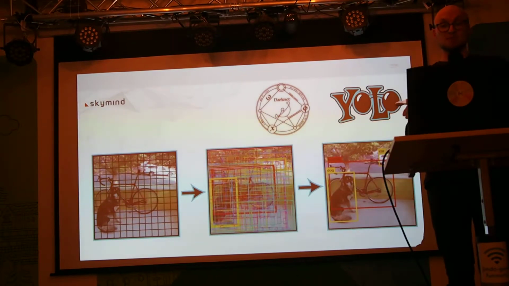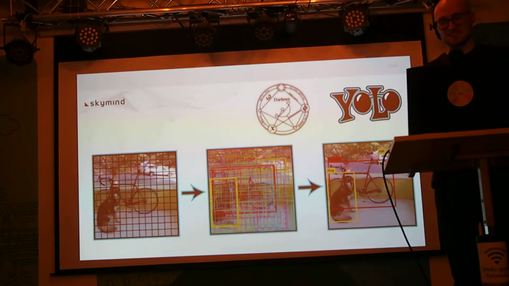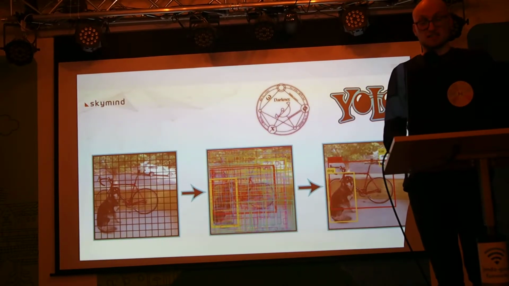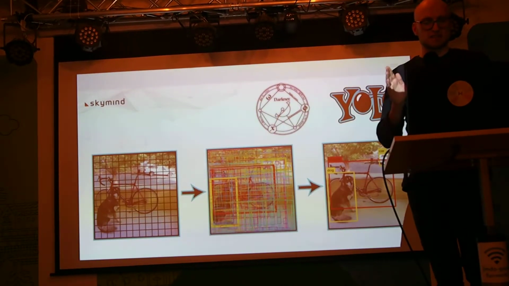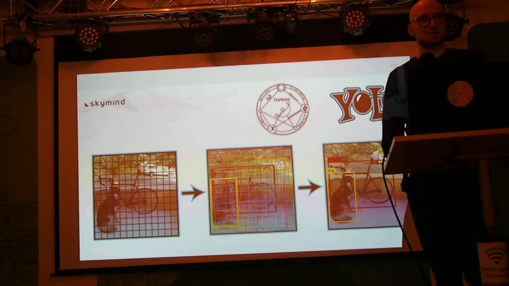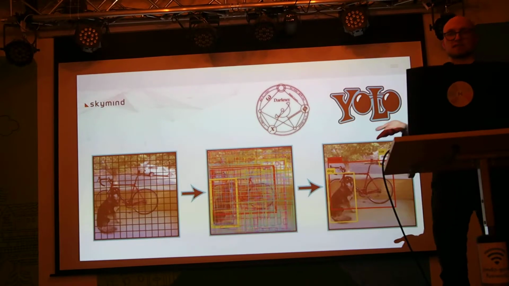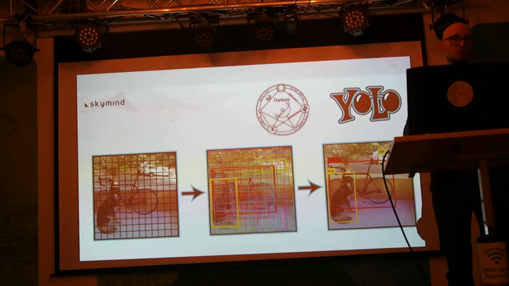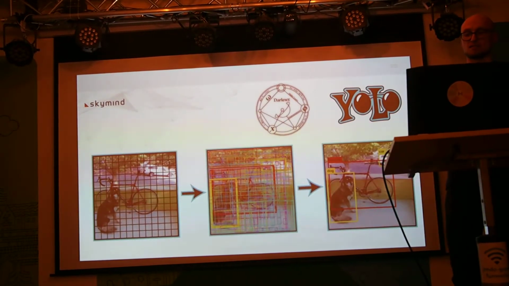If you do this on a CPU, as we will see next, it might get a little throttled. Okay. And a smaller version of YOLO can even handle something like 150 frames per second, which is really cool. It is almost as accurate as the older approaches, and much faster.